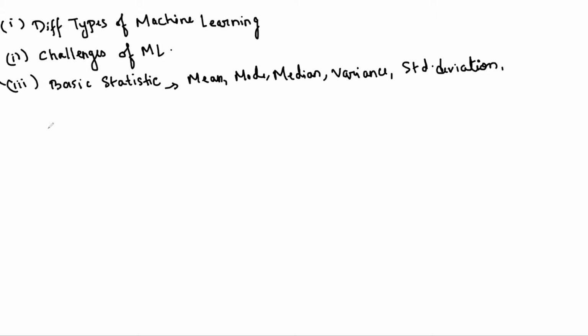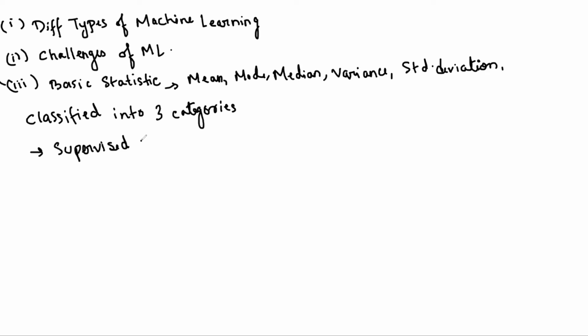We know what machine learning is. Now we want to know how we can classify it. Machine learning can be broadly classified into three categories mainly. One is supervised machine learning.